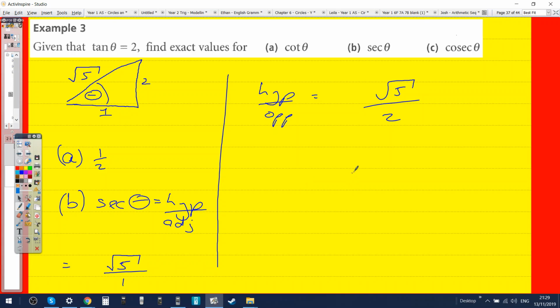However, have you seen this diagram? So if tan theta is 2, which quadrant are we in? 2 is a positive number, so we're in either of those. If we're in the top right one, all three are positive. What about sec?